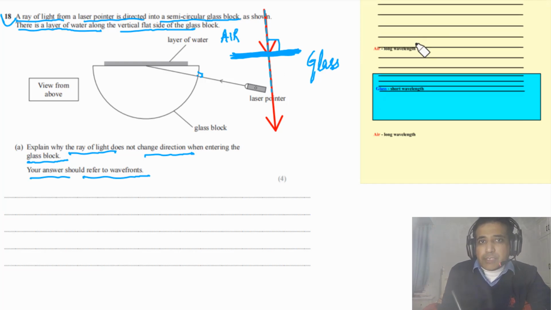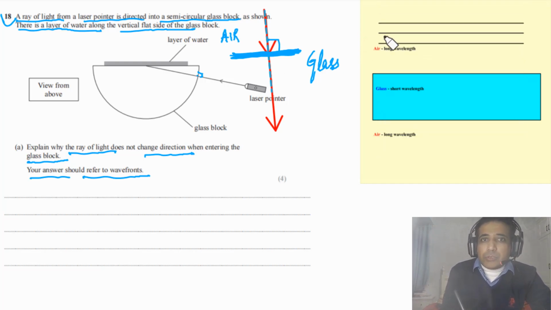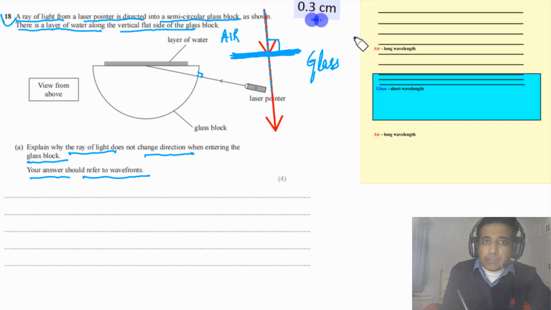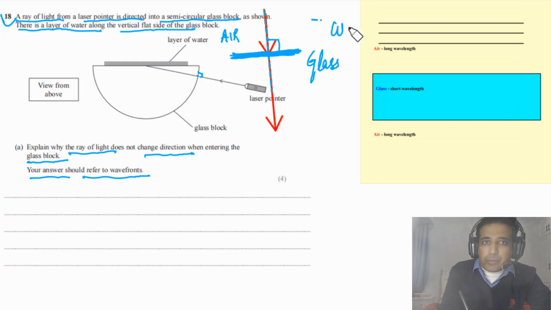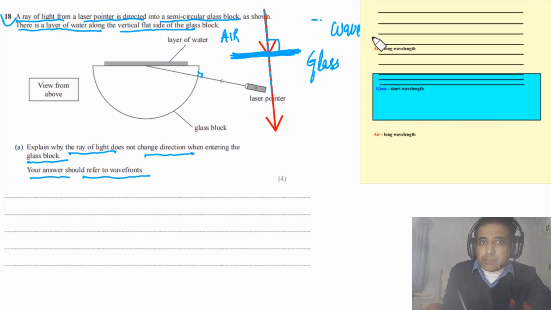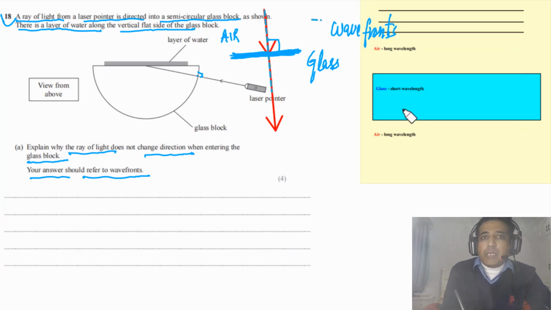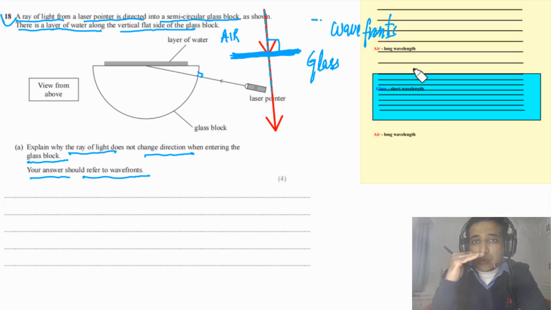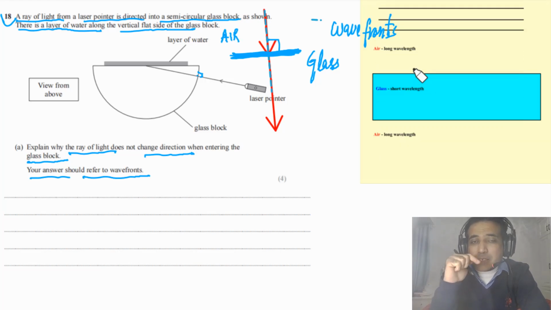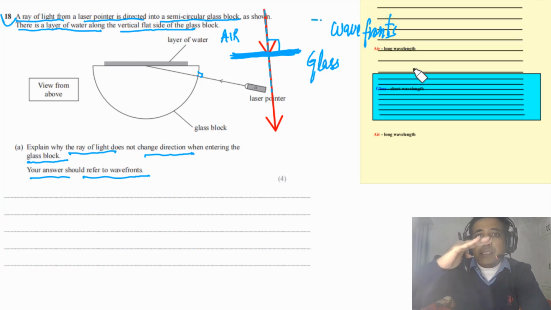If you look at this animation, you can see these horizontal lines. These horizontal lines are representing wave fronts. And if you look at these wave fronts, you can see they are parallel to the boundary between glass and air. So they enter the glass at the same time.